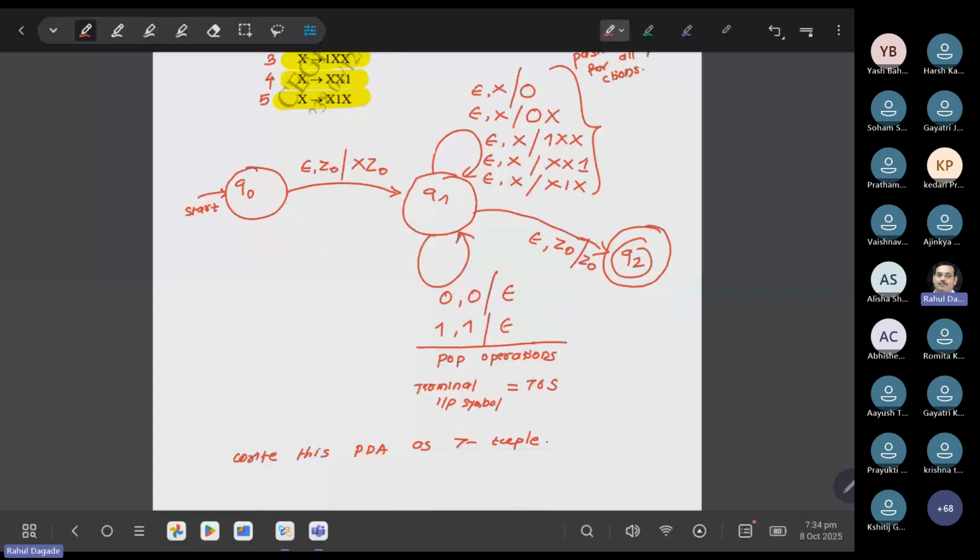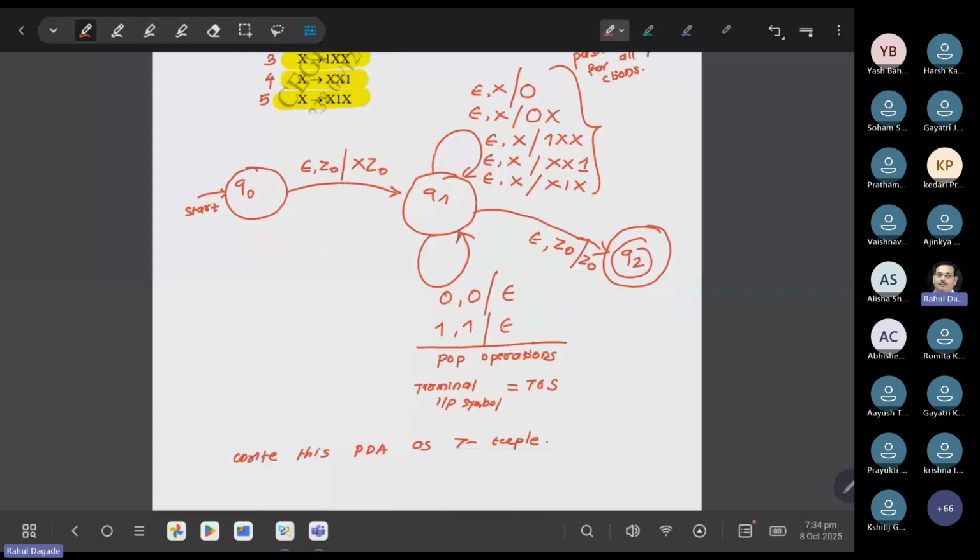So you are in state Q0, input is 1 0 0, stack is Z0. So stack is not matching with input. Therefore, what do we have to do? We have to do a push operation. So in Q0, we have only one push operation, that is pushing the start symbol of the grammar.